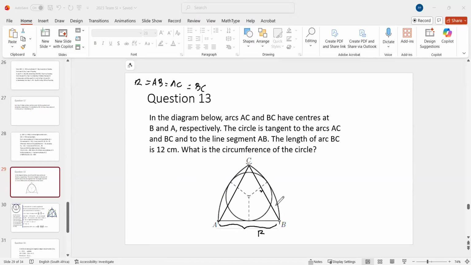In other words, these three sides are all equal. So ABC is an equilateral triangle.